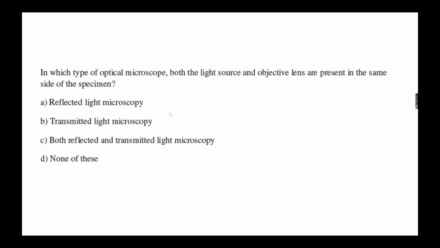So this is a very basic question about a setup where the light source and the objective lens are on the same side of the specimen. The options are reflected light microscopy, transmitted light microscopy, both, and none of these.